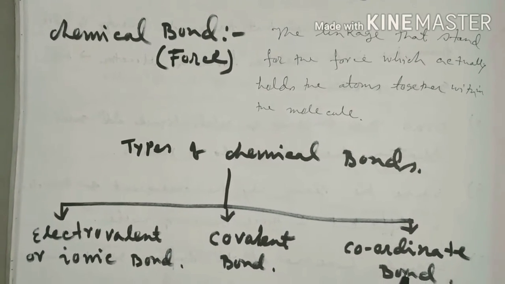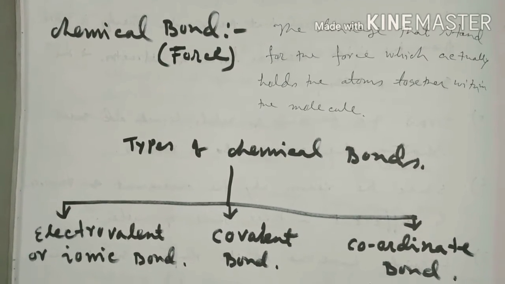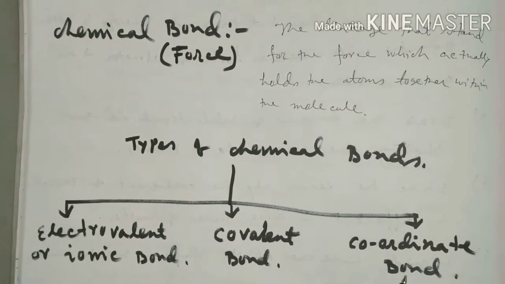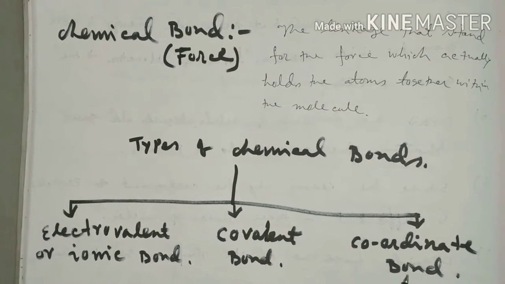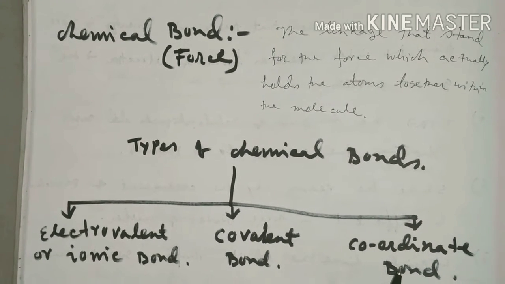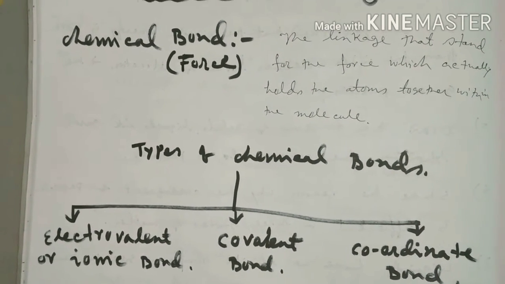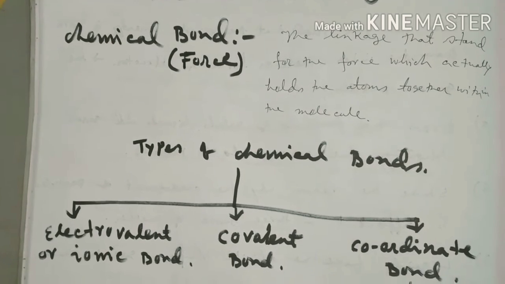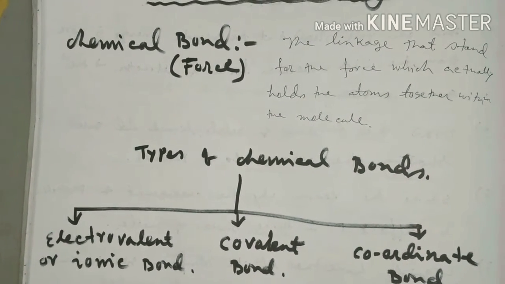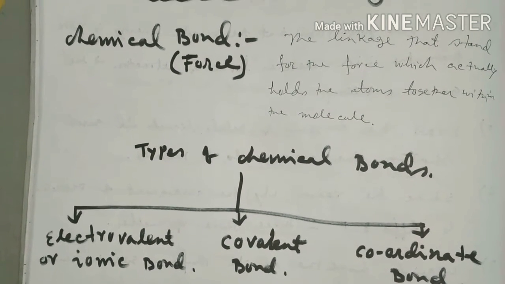Some atoms are unique, that means the inert gas atoms, because in their outermost orbit there are 8 electrons, so to form the octet they are stable. But other elements except the inert gases combine together to form molecules and become stable.